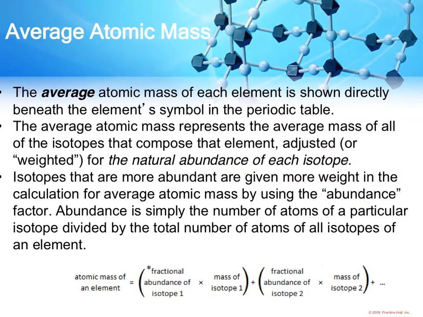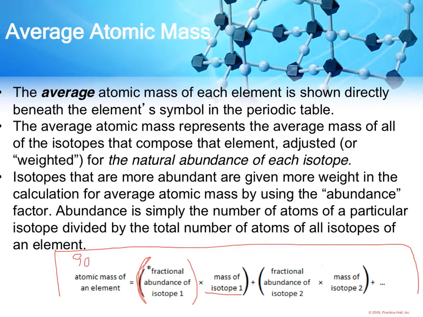There is a formula that we use to calculate average atomic mass. Basically, it is the abundance of an isotope in fractional, that is decimal form, not in percent form, times the mass of that isotope. If you look at the last slide, you can see that the percentage of neon 20 was 90.48.